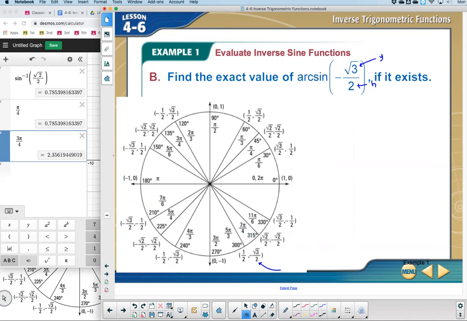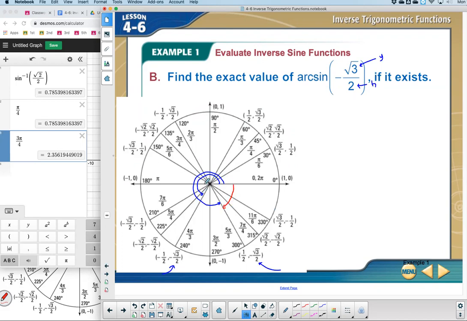There's my value. I also have 1 right there. And so some students will say, well, the quickest path is going around to 4 pi over 3. It's definitely quicker than going around to 5 pi over 3. However, there's a quicker path. It's to go negative. That's the quickest path.